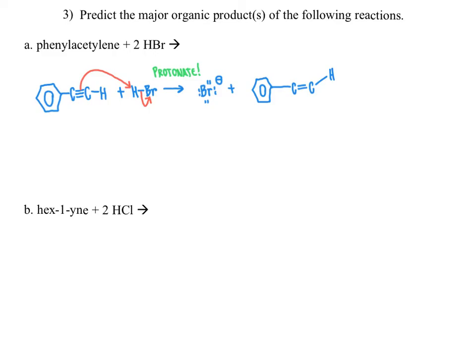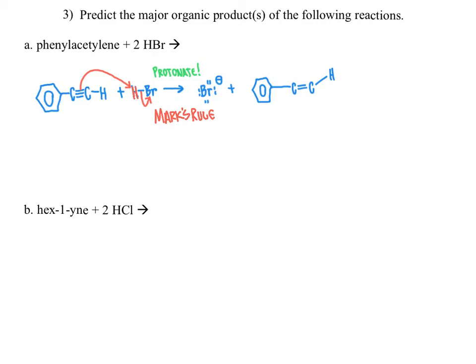And here, just like we were doing back in chapter 7 with addition reactions, we're adding acid across the carbon-carbon double bond. We follow Markovnikov's rule, which I'm going to abbreviate here as Mark's rule as a reminder to follow Markovnikov's rule when deciding where to place that new proton.